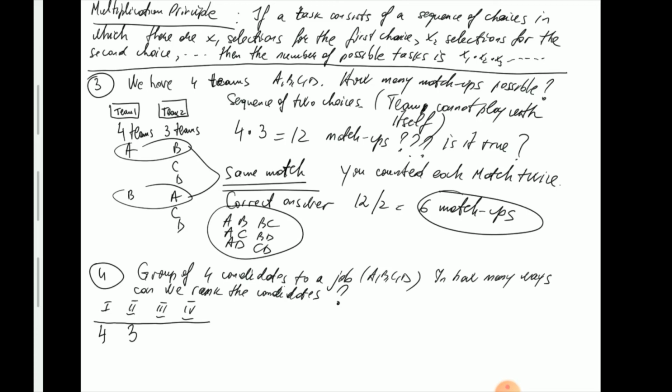Then there are only 2 left for the third position, and once that's filled, there's only one possible selection for the fourth place. The key thing is that a person cannot be in 2 or more places at the same time.